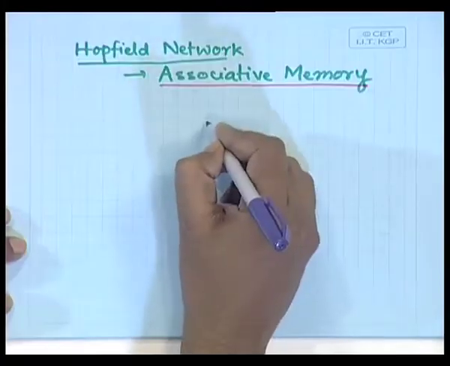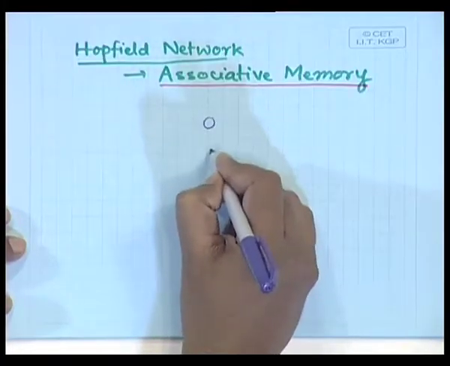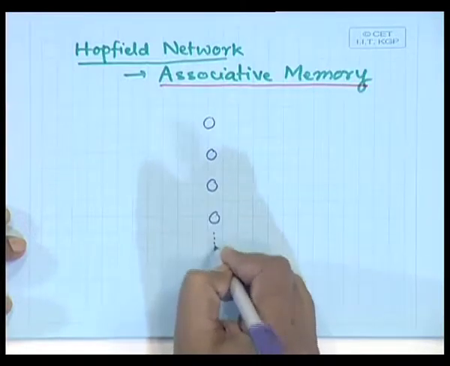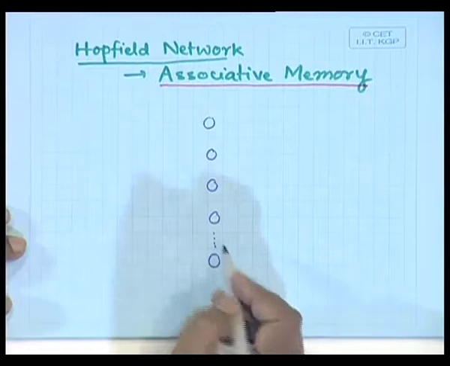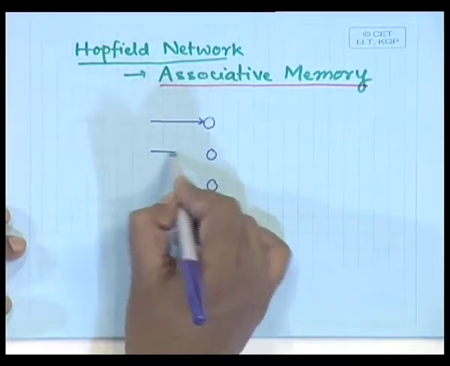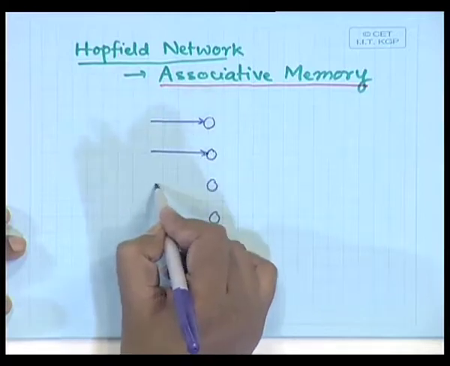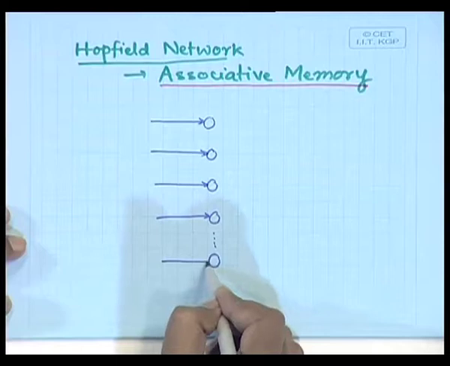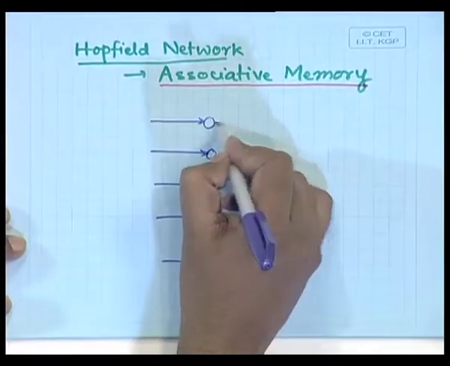So, it is something like this. If I have n number of nodes, every node obviously has an input, that is a binary pattern, and they have outputs.